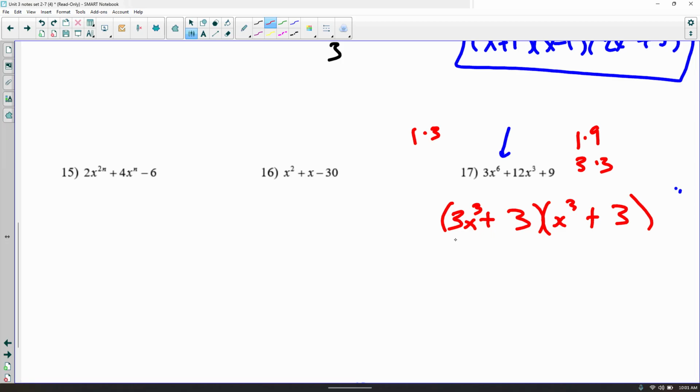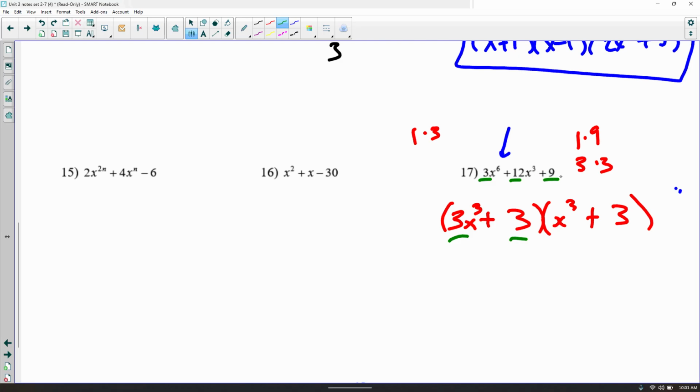Because then that would give me a GCF right here, correct? But Abigail, what do you notice about that right there? What do 3, 12, and 9 have in common? Yeah, so there was a GCF in this problem. So that can happen because I didn't pull the 3 out first.